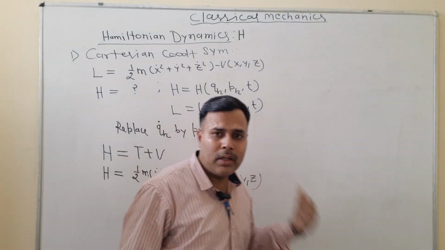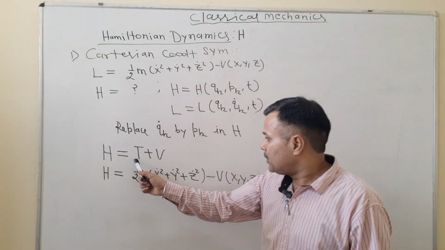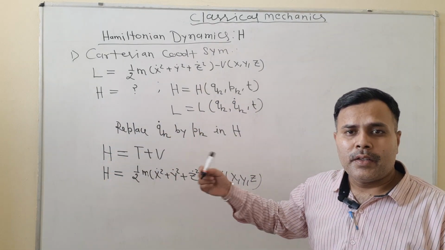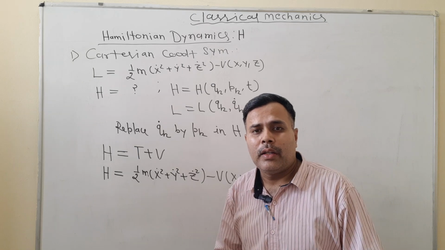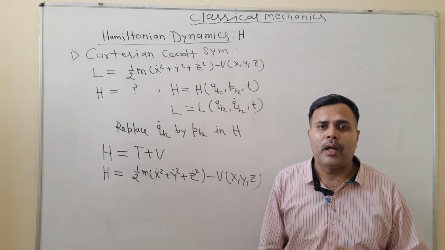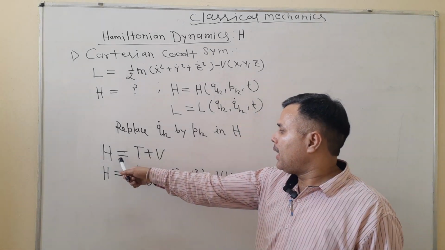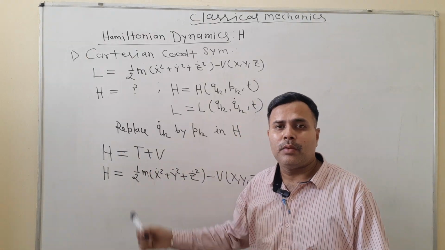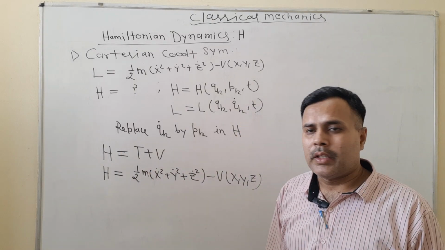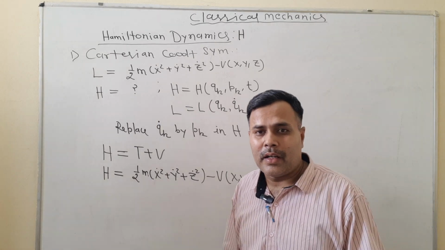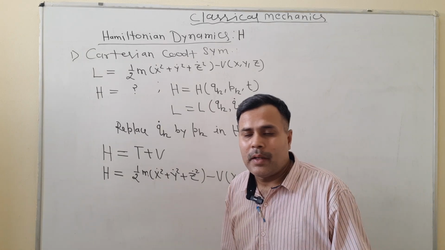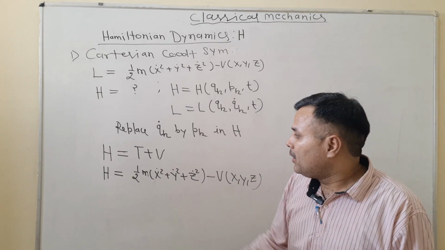This is for a conservative system, meaning our Lagrangian is independent of time and our Hamiltonian is independent of time. Only then can we write that H represents total energy, the sum of kinetic plus potential energy. Otherwise we cannot write that if our Lagrangian is time dependent.